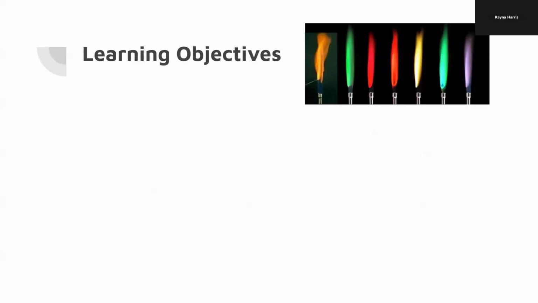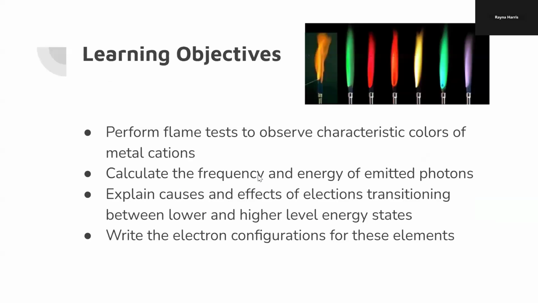Okay, so the learning objectives for today and for tomorrow. Tomorrow you're going to perform a flame test and observe the characteristic colors of metal cations. We haven't quite gone over charged atoms, cations and anions, but we'll talk more about that this week and next week.